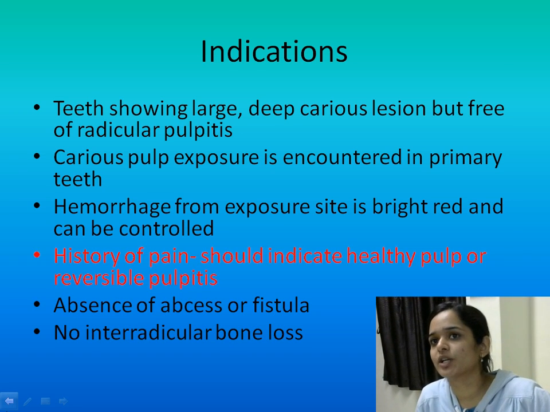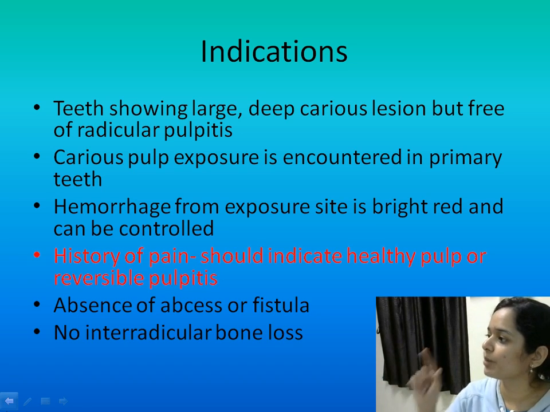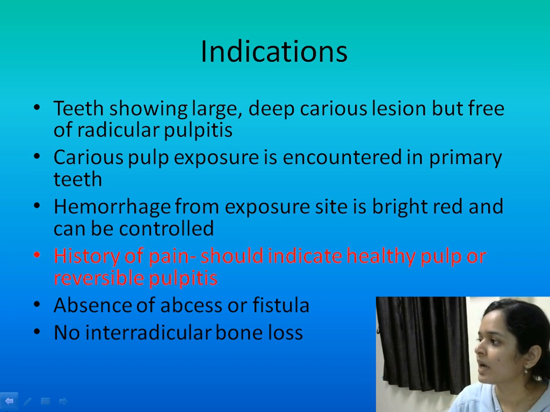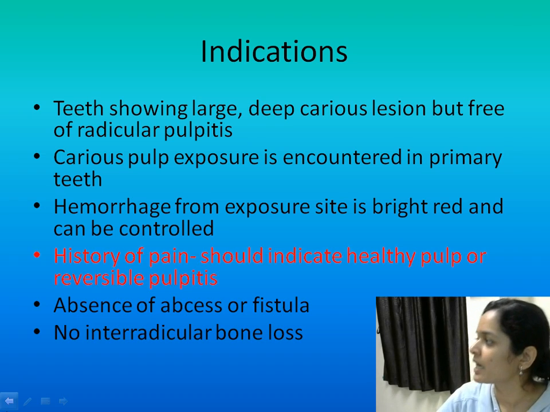Hemorrhage from the exposure site is bright. This is very important. Now you have removed the coronal pulp, and the hemorrhage is bright red and it can be controlled. There are various studies on how many minutes the bleeding should take to be controlled, and the most accepted view is within 5 minutes after slight pressure applied with a moist cotton pellet.